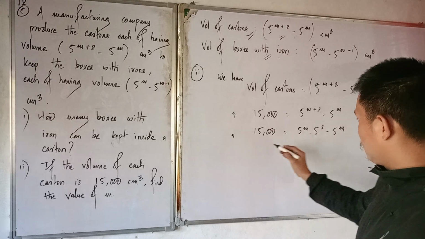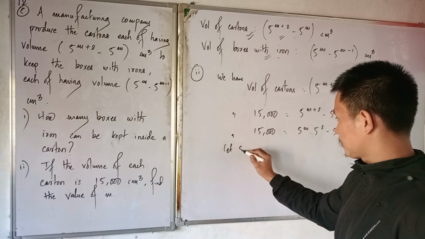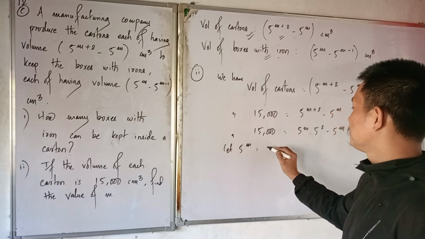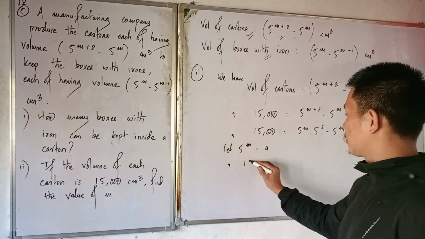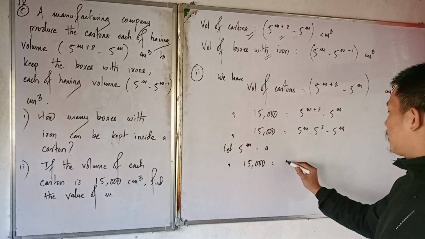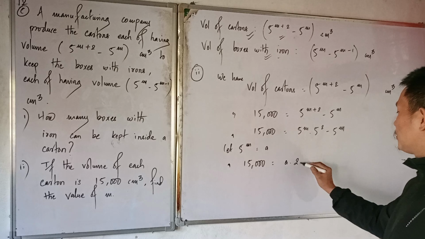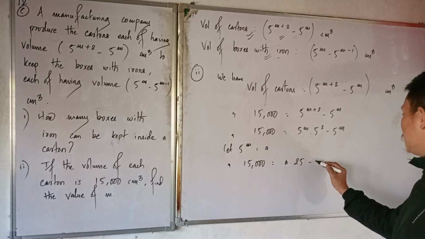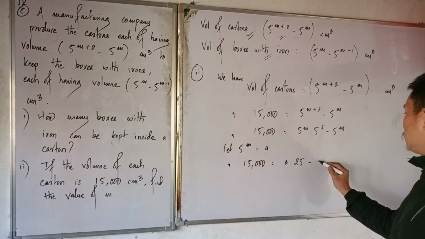Now you can let 5 power m be a. Now you can write 15,000 equals a times 5 squared, that is 25, minus a.